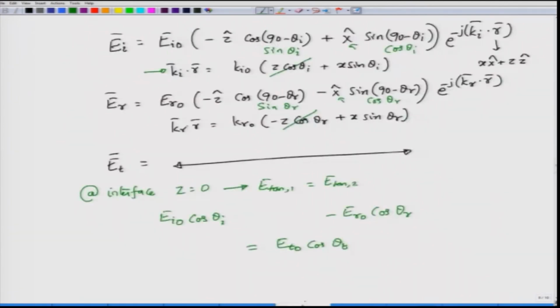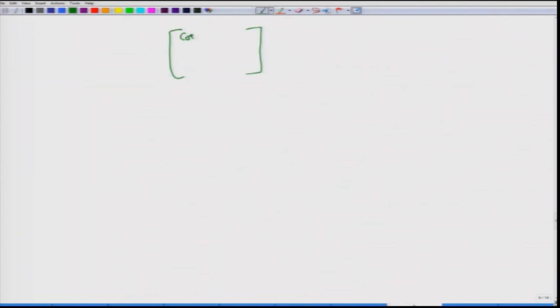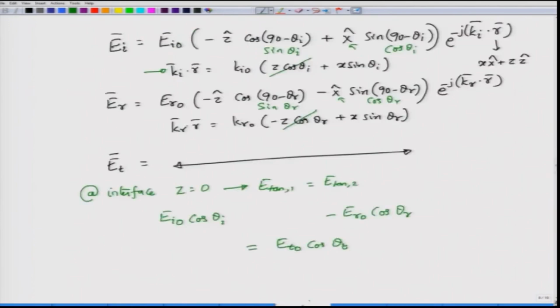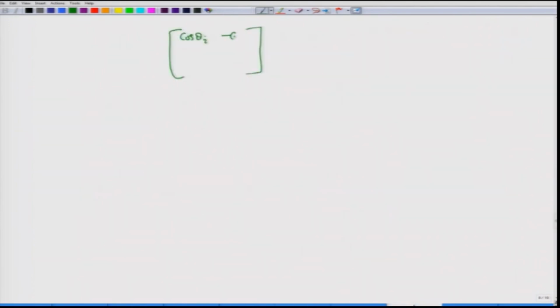Now I have two simultaneous equations, so I can put them into matrix form. The first condition would be cos theta_I and minus cos theta_r, acting on E_I0 and E_R0, equal to cos theta_t times E_T0.